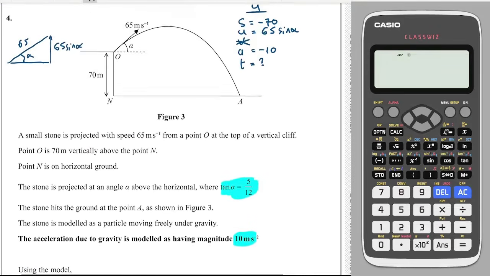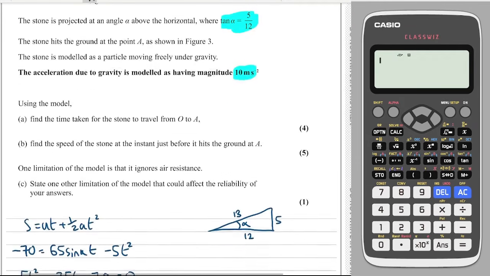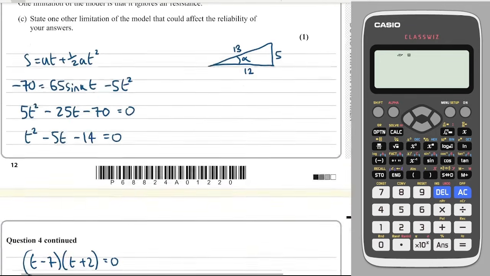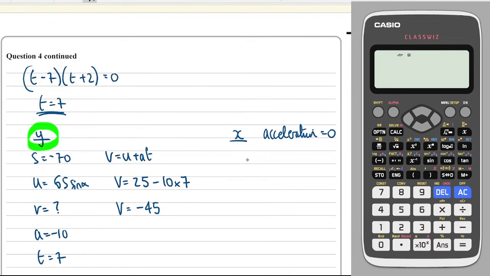Well, if we go back to our triangle at the start, the initial velocity in the x direction will be 65 cosine alpha, and cosine alpha will be 12 over 13. So the velocity in that direction will be 65 times 12 over 13, which will be 60.